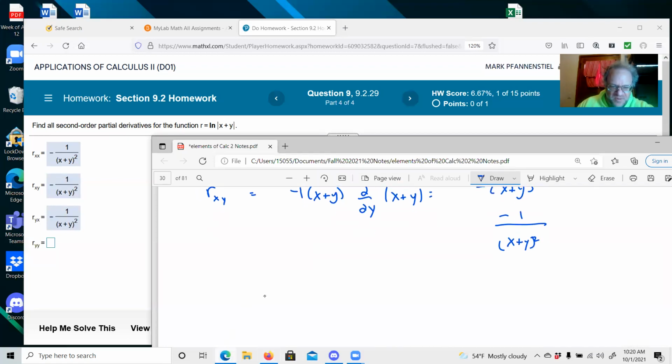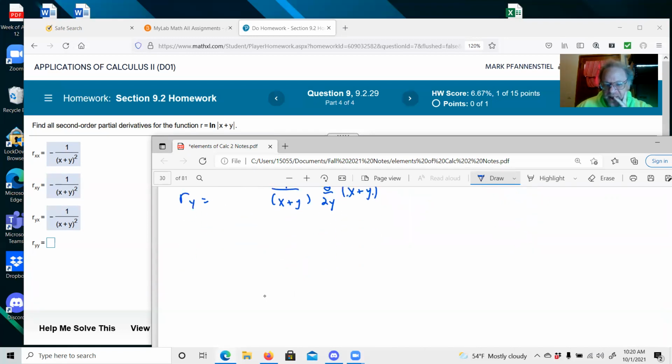So if we want to do Ry, that is 1 over, because again, the derivative of the logarithm function is 1 over u du. So it's 1 over whatever's in here times dy of x plus y. Again, x does not care what y is doing, so that's a constant. So we just have the derivative of y, which is 1. So we have 1 over x plus y, or x plus y to the negative 1.